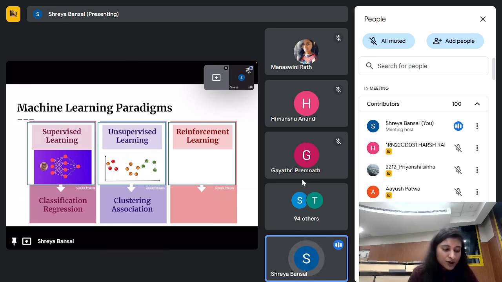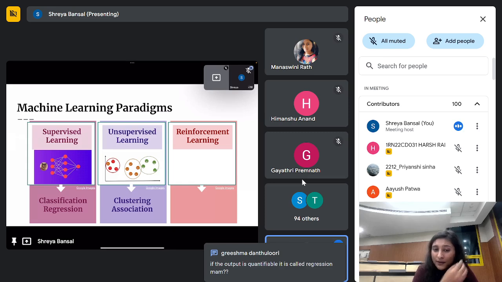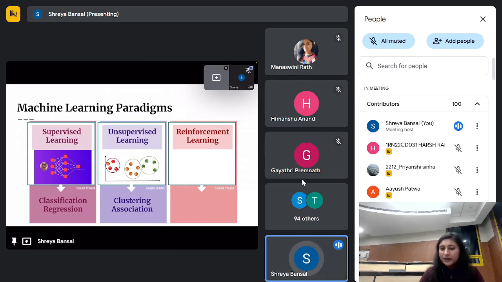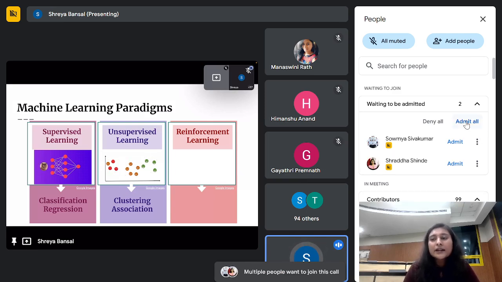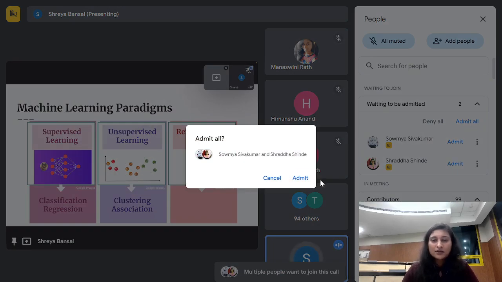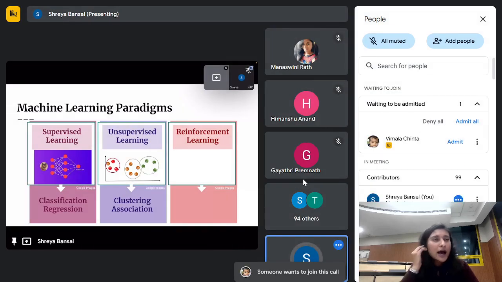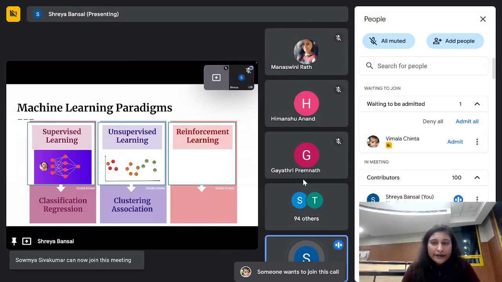So there are two types of unsupervised learning, clustering and... Yes, Grishma, if the output is quantifiable, it means it is in the form of a number, right? Why did I say quantifiable? Let us say I want to predict the rating of a film. Last time there was a film, and I want to get the ratings. Ratings can be between 1 to 5. 5 means best, 1 means poor.